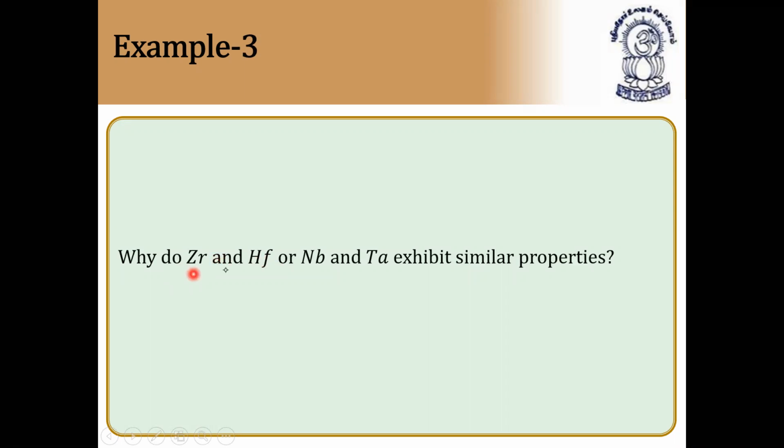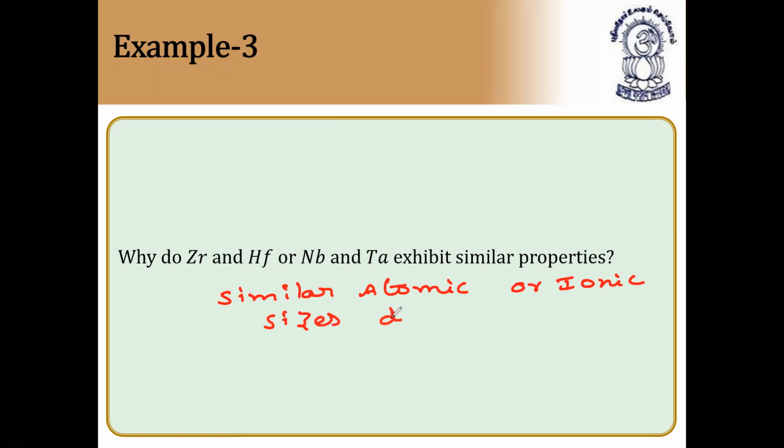Why do zirconium, hafnium, niobium, tantalum exhibit similar properties? Because of their similar atomic or ionic sizes, due to lanthanide contraction.